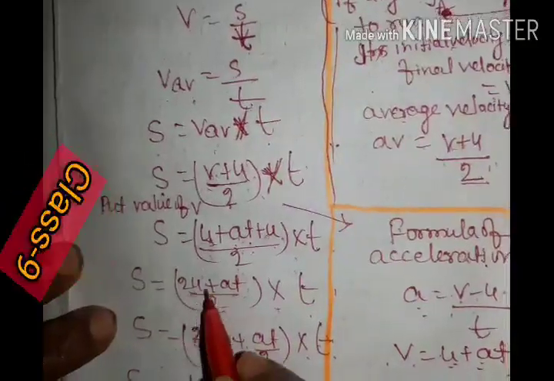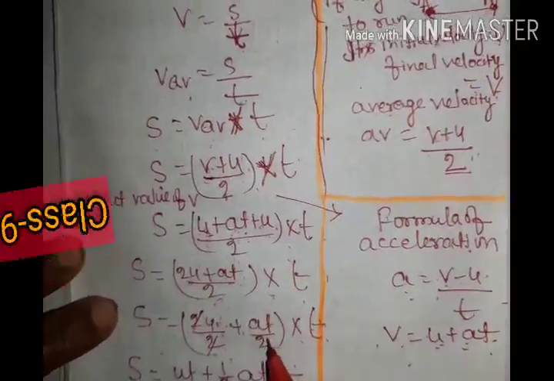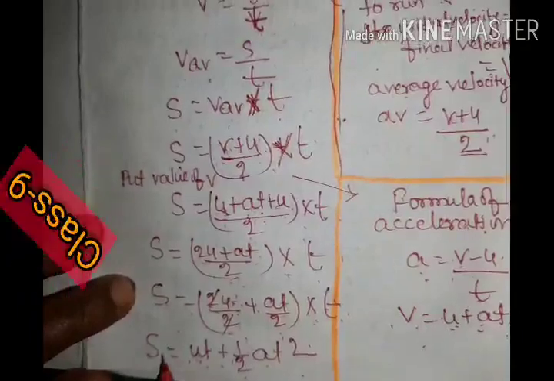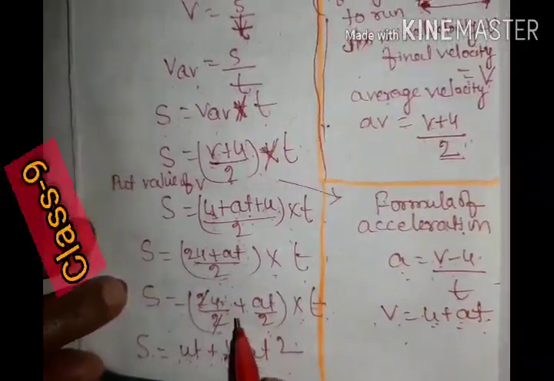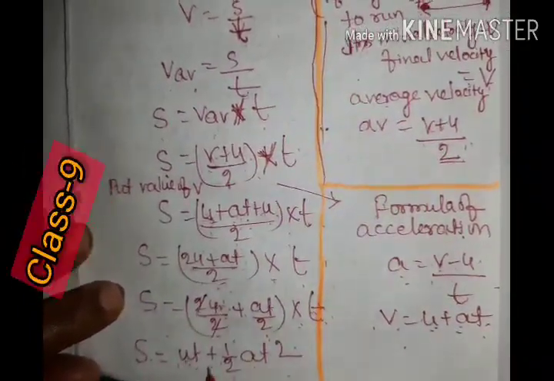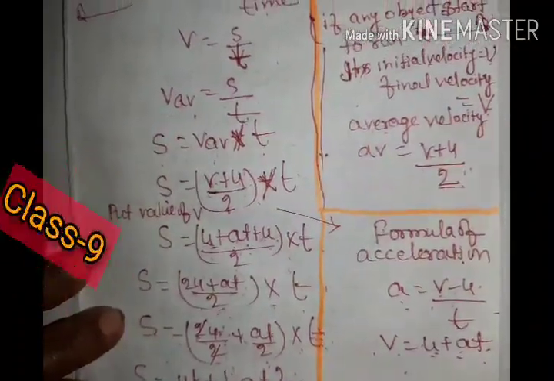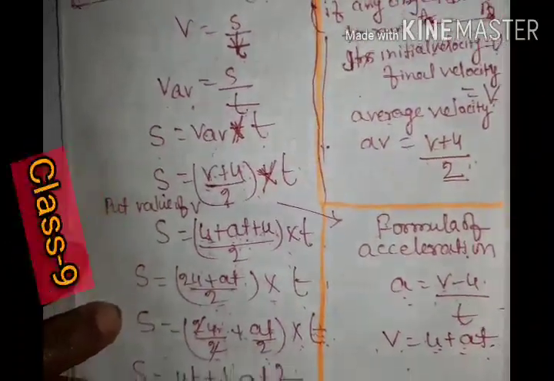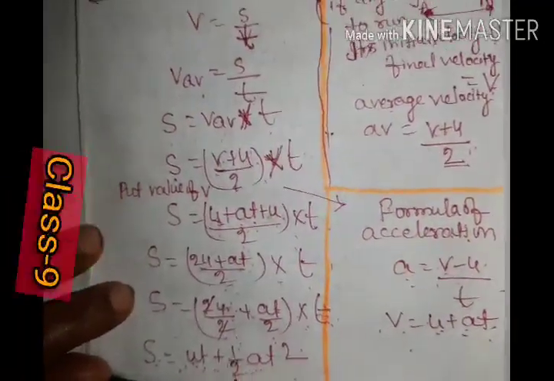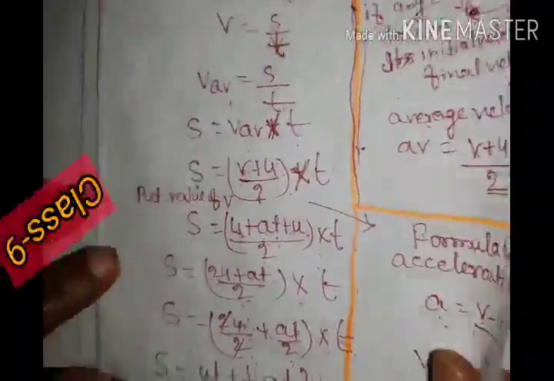S is equal to 2u by 2 plus at by 2 into t. S is equal to ut plus half at into t, that is at square. S is equal to ut plus half at square.